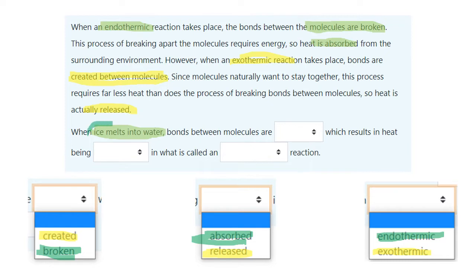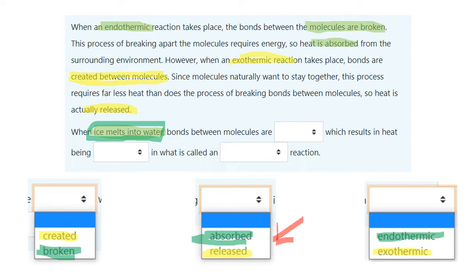So ice melts into water. Why does the ice melt? I think the easy way to do this is to ask, is heat going in or coming out? Let's start with this box in the middle. Is heat going to go in or come out? Well, if the ice is melting, the particles are getting more energy. That's why they can move around.